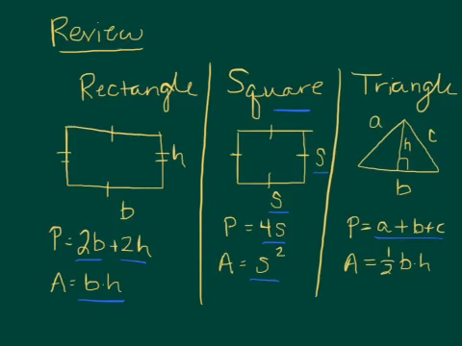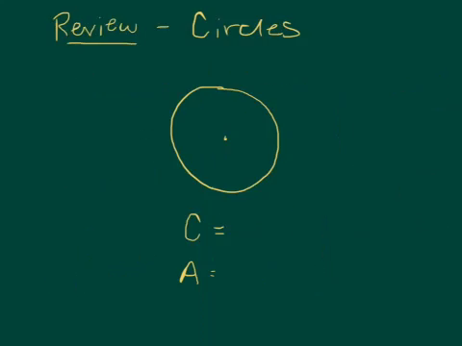And then the area is 1/2 base times height. Okay, and then finally circle with radius r and diameter d. I can write circumference is 2 pi r or pi d, and area is pi r squared.